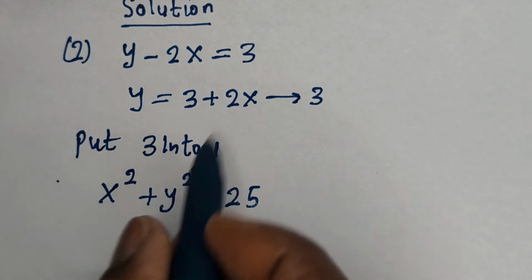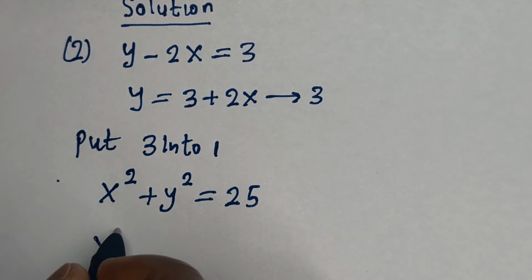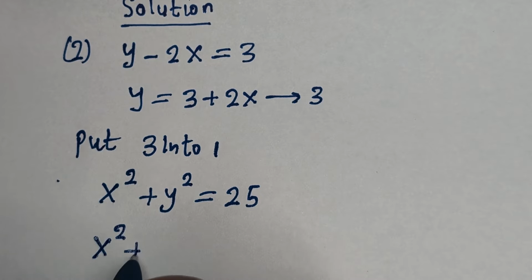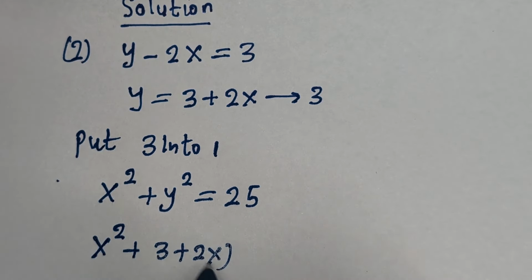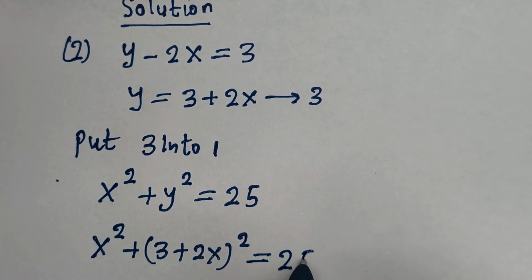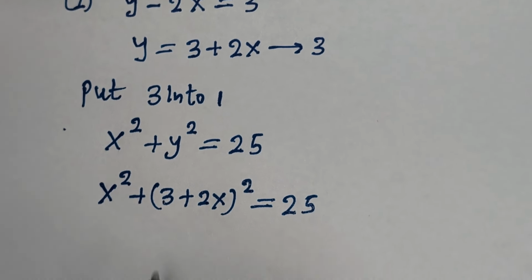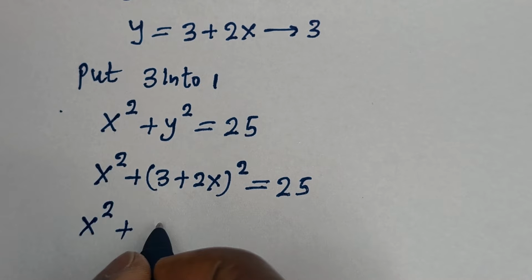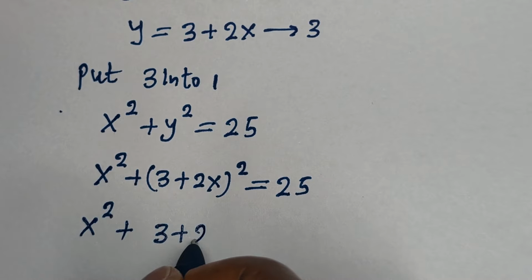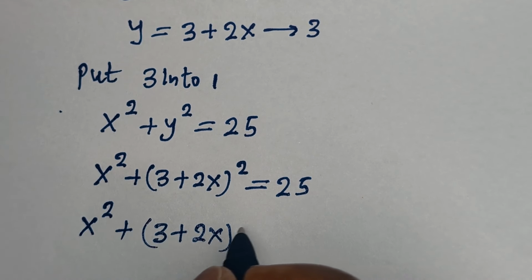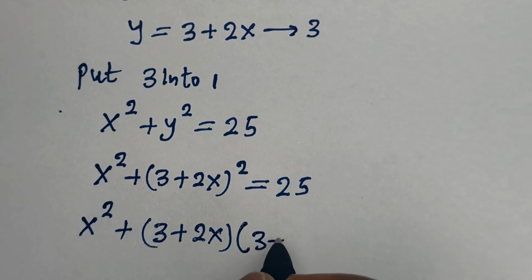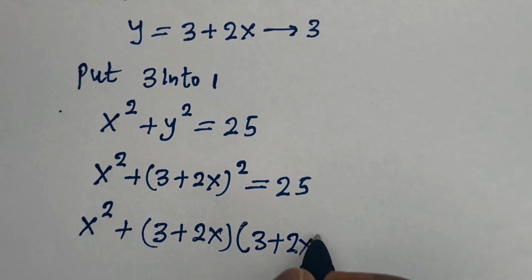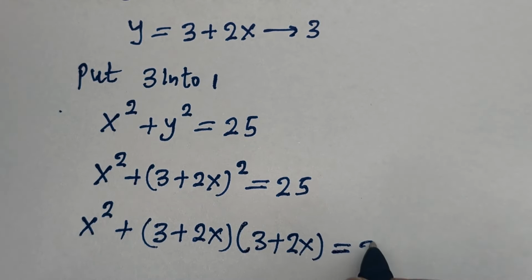When y is 3 plus 2x, we have x squared plus (3 plus 2x) all squared is equal to 25. Now this is x squared plus (3 plus 2x)(3 plus 2x) is equal to 25.